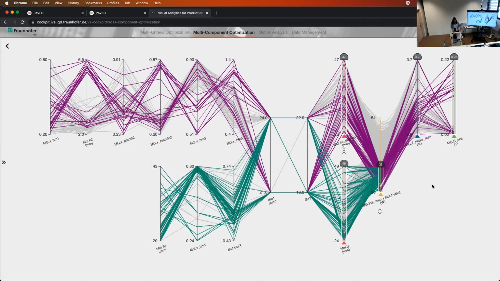And then the second objective is to minimize the construction volume. And I already said we can approximate the construction volume by adding up the individual lengths.